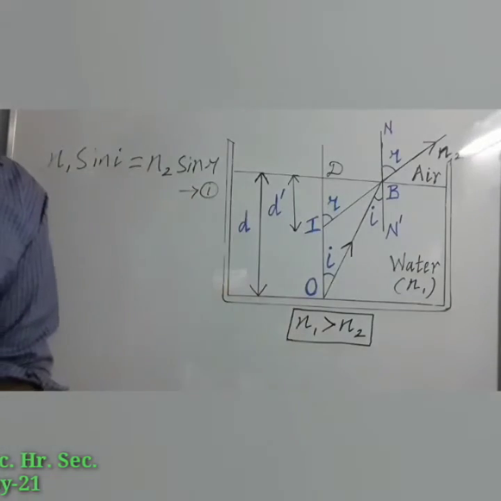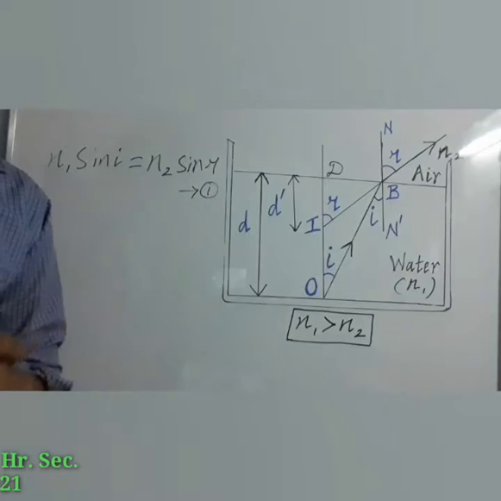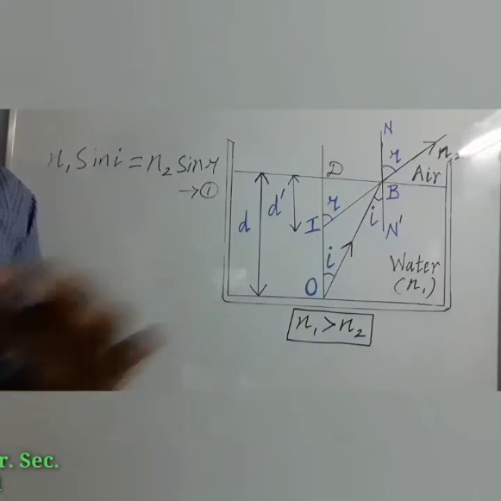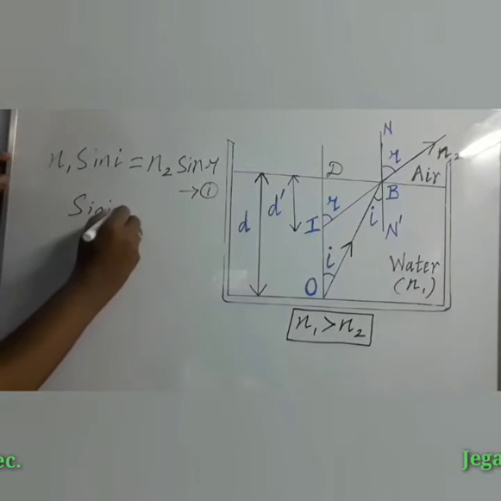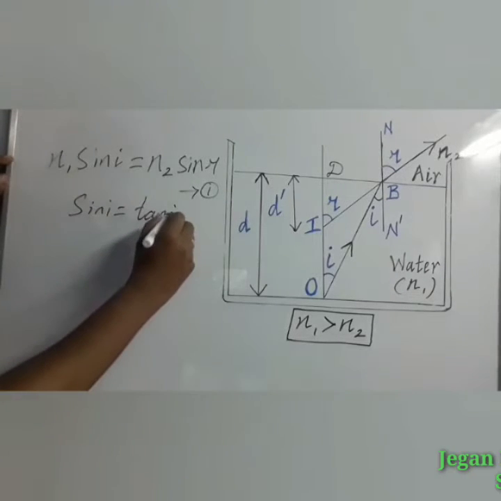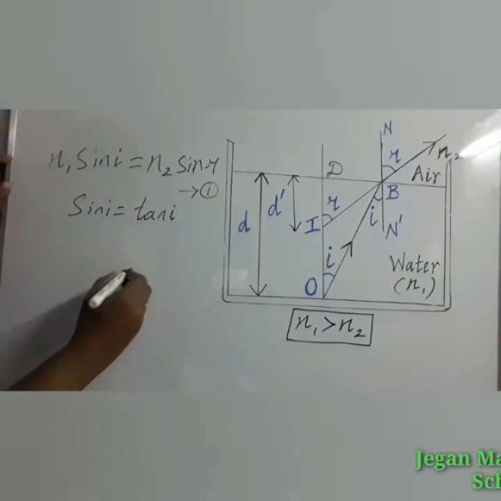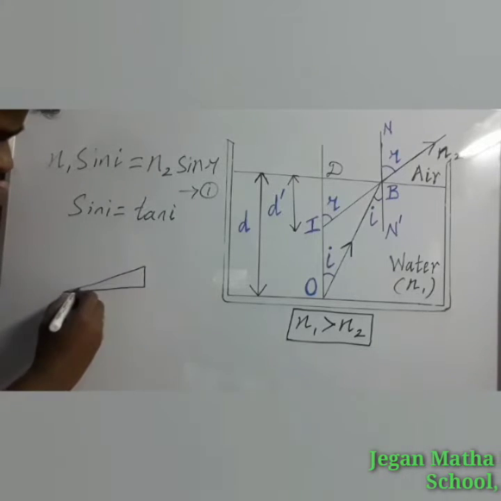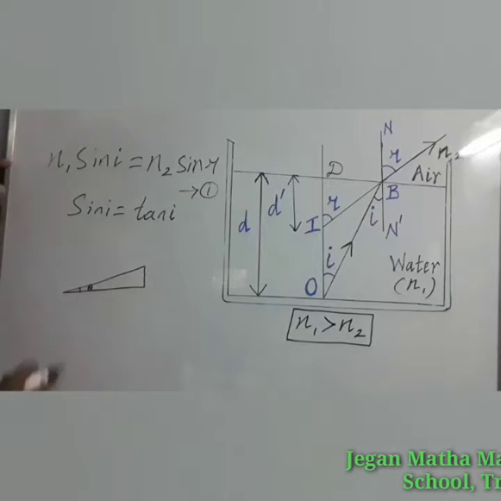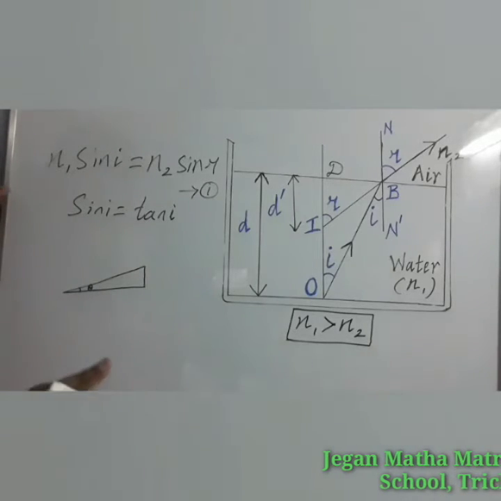I told you already, as the angles i and r are very small, we can write sin i as tan i. Imagine this situation. Let us take the triangle ABC with a very small angle theta.